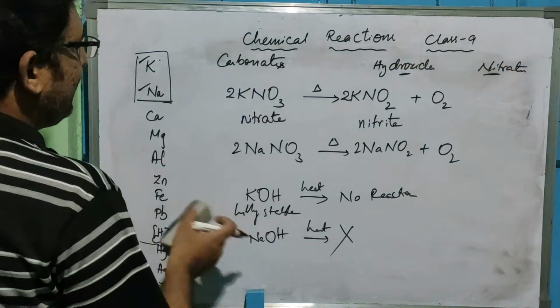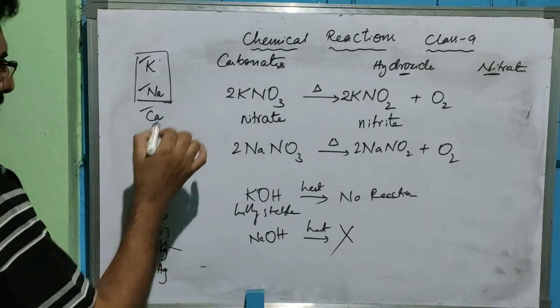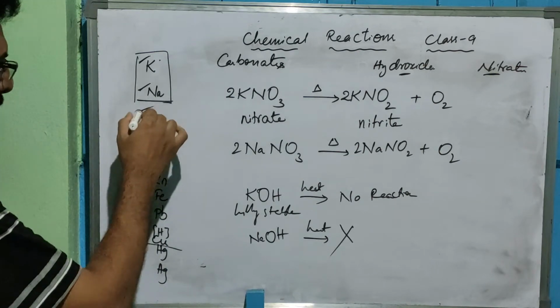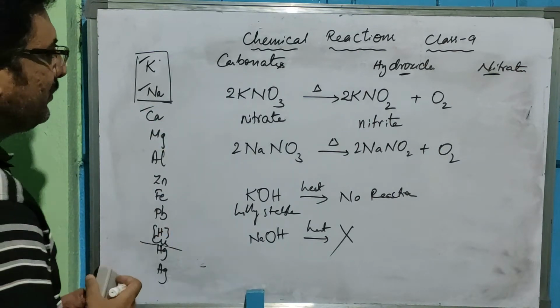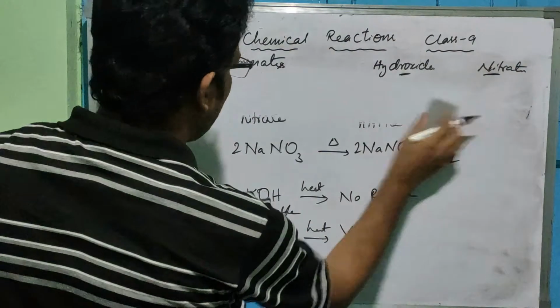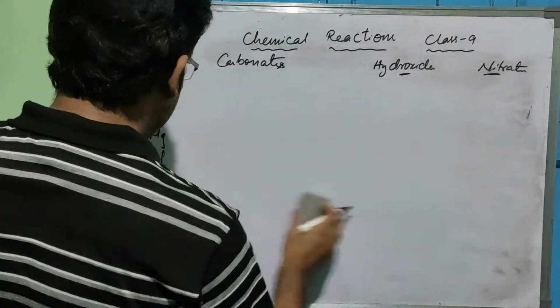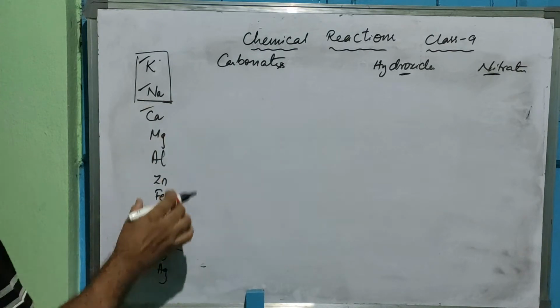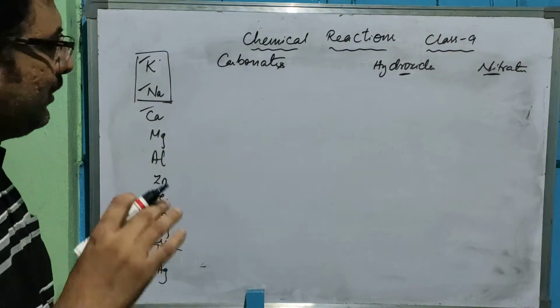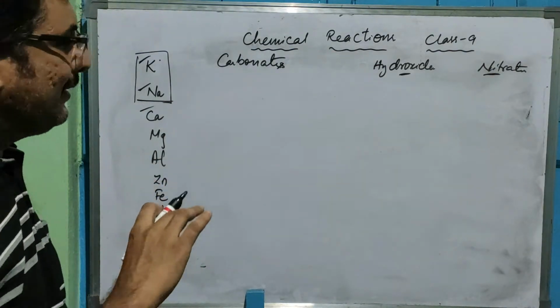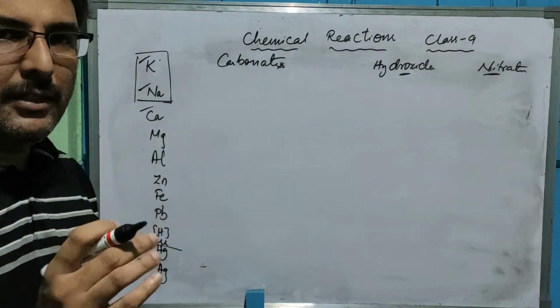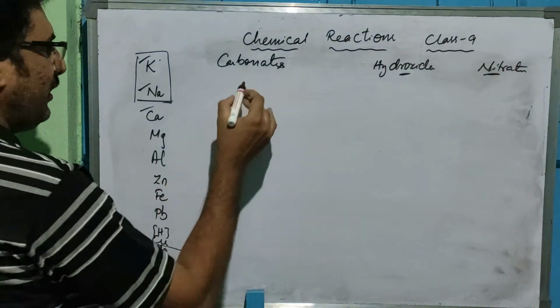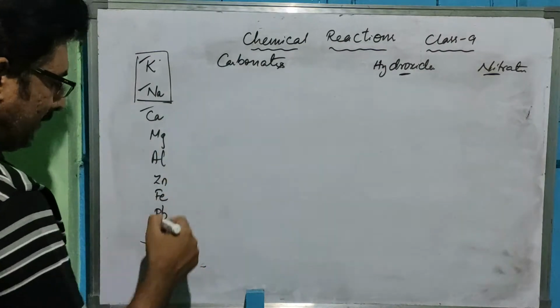Then let's see the decomposition of the compounds of metals from calcium to copper, the second group. Since the metals from calcium to copper all belong to the same group, they will undergo similar decomposition reactions. Let's see the carbonates of these metals.